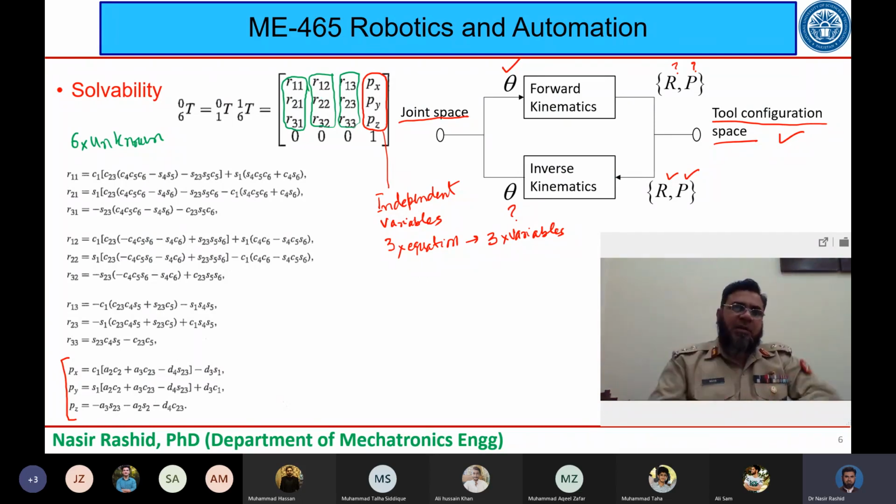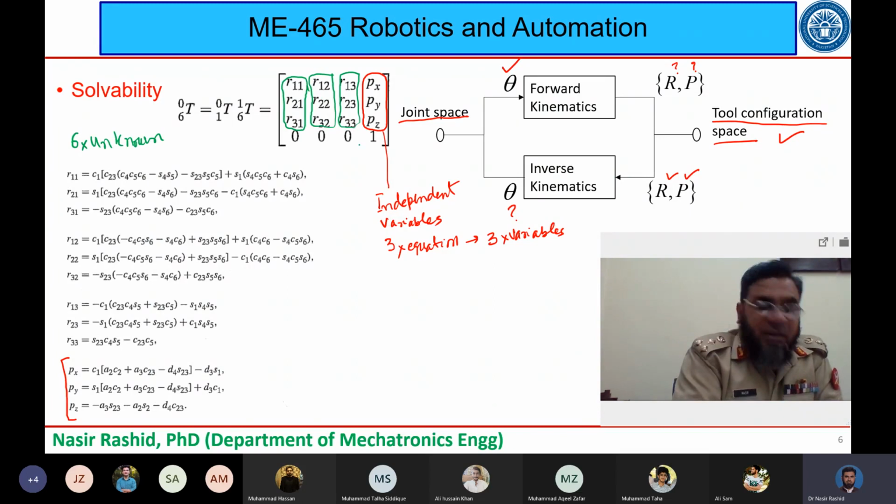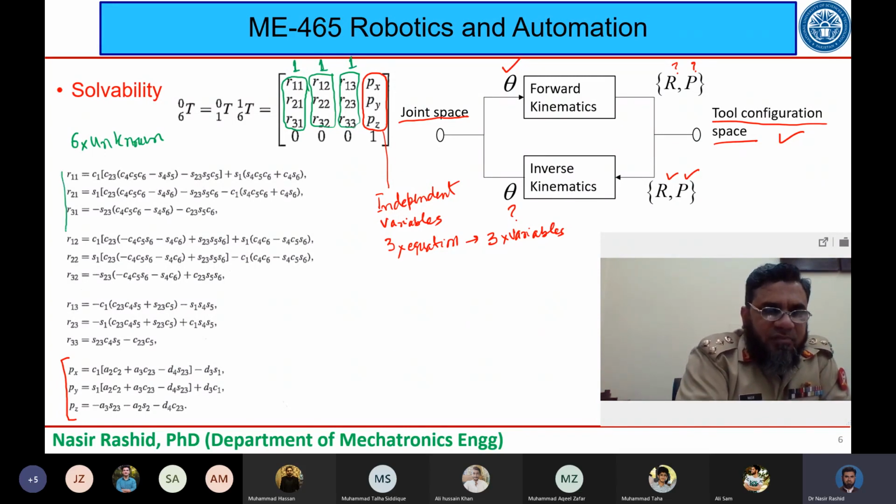This vector that appears in the rotation matrix is dependent. So we will be able to find one independent variable and equation from each vector.